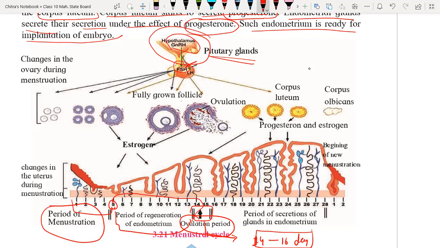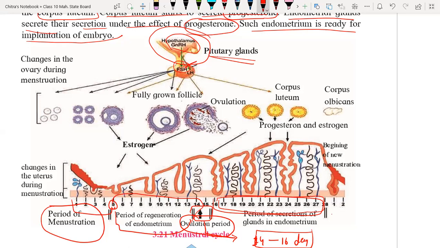Okay. If the egg cell is not fertilized within that particular period of time, then it becomes dead and non-functional, and it reaches toward the uterus, which takes from the 16th to the 28th day. Then the endometrium starts degeneration and is released from the body along with blood, mucus, and the dead part of the endometrium as well as the egg cell.